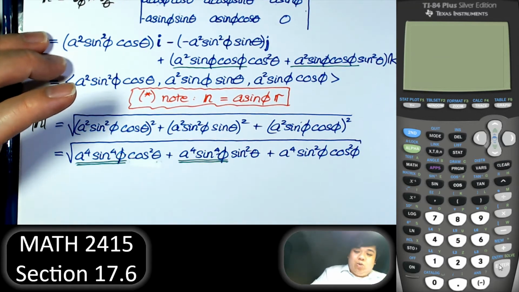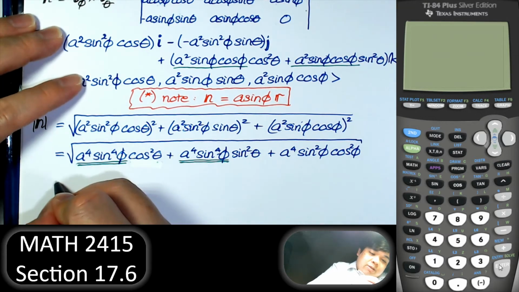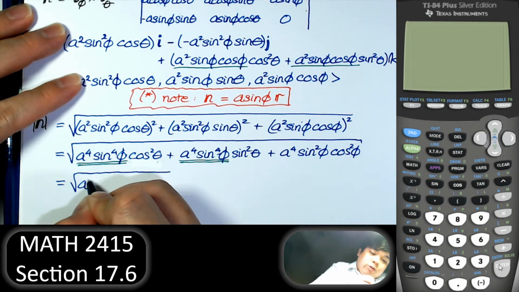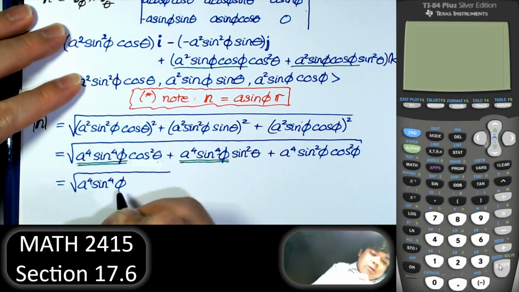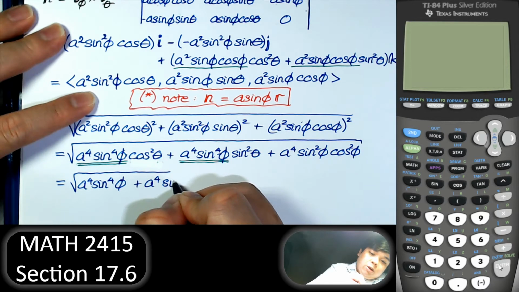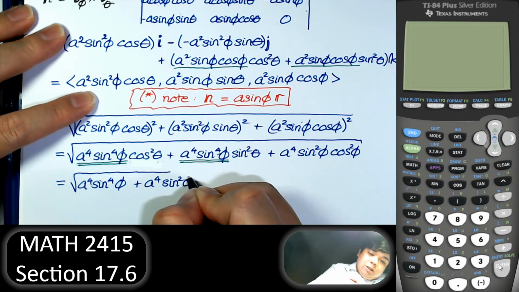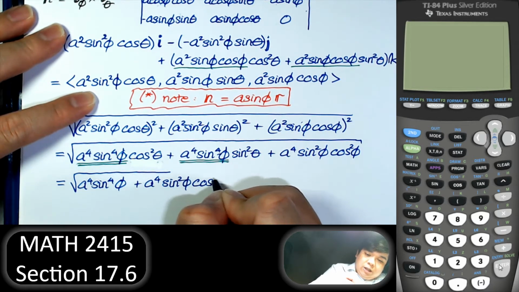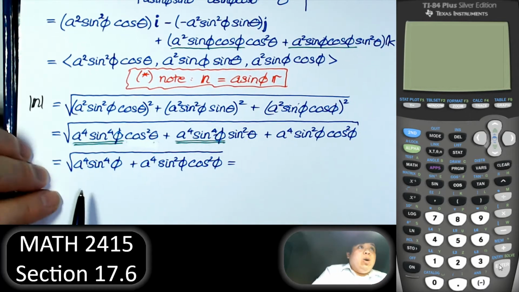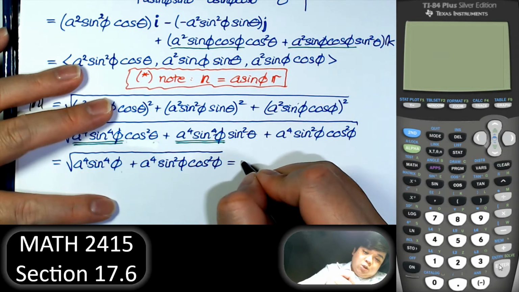Cosine square plus sine square is 1. So we just have a to the fourth sine to the fourth, a to the fourth sine square cosine square. Now we can factor a to the fourth and sine square out.